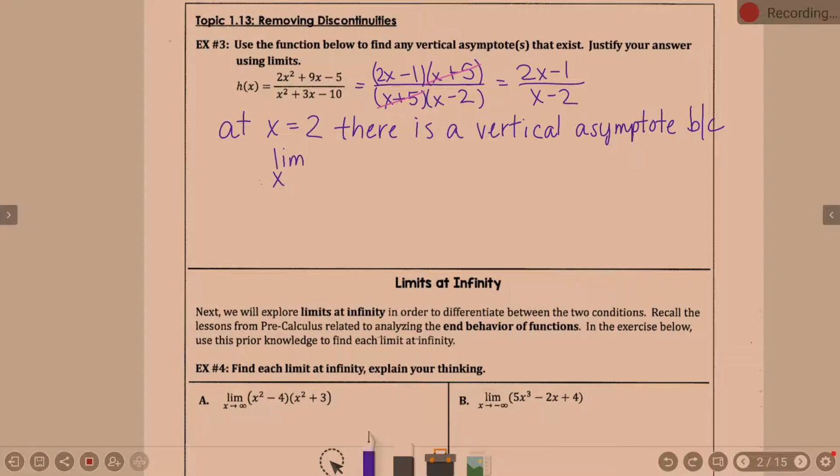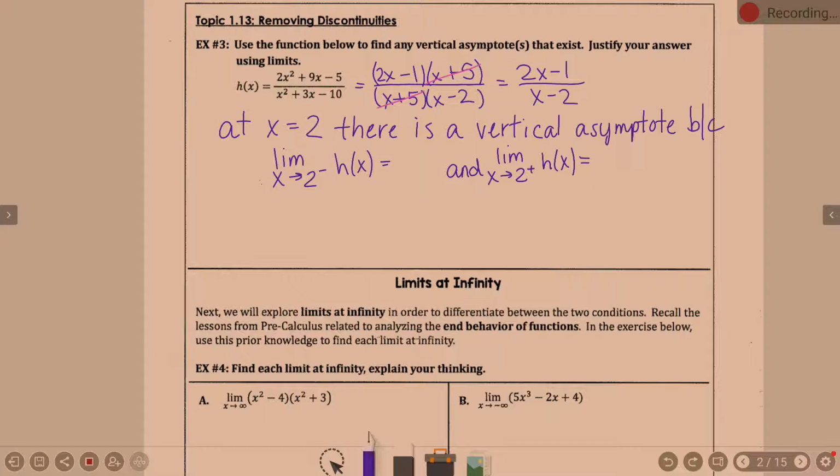We need to think about the limit as x approaches 2 from the left, not f of x, but h of x. And we need to think about the limit as x approaches 2 from the right of h of x.